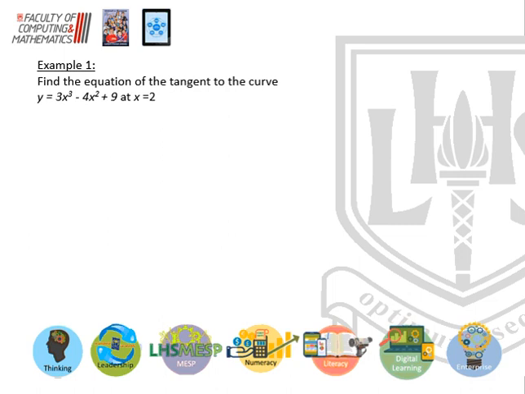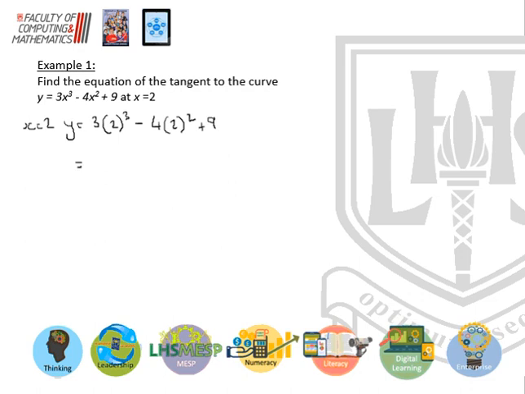Okay, so looking at this example, we have 2 things we need. We need a point, like a set of coordinates, an x and a y value, and we need the gradient. If we know the x value, there's a formula there waiting on us to get the y value. If x is equal to 2, that means y is equal to 3 lots of 2 cubed minus 4 lots of 2 squared plus 9.